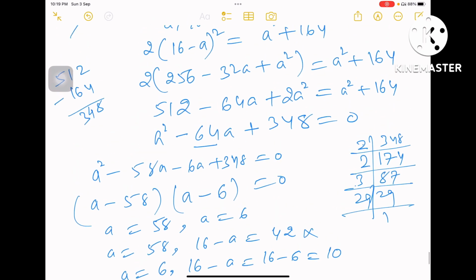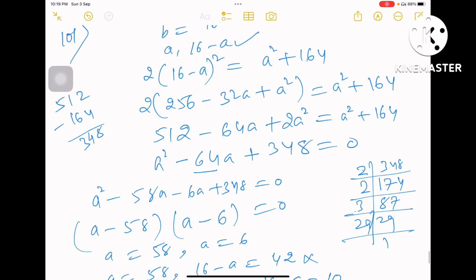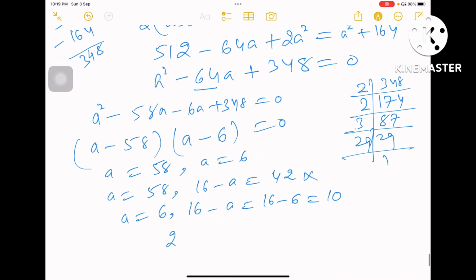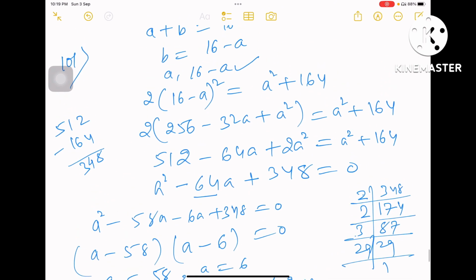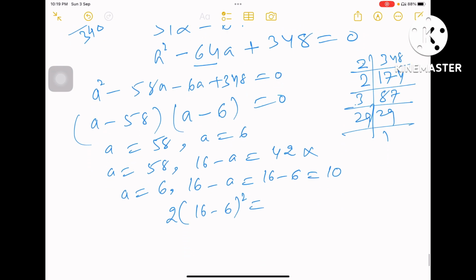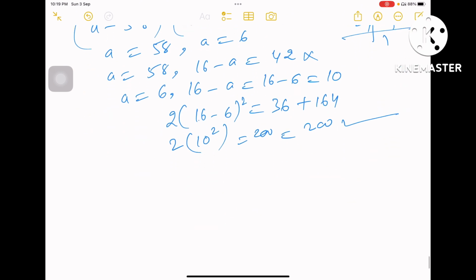Let us see if it holds or not. Twice of (16 minus 6) whole square is equal to a square, that is 36 plus 164. Let's see. 2 into 16 minus 6, that is 10. 10 square, it becomes 200, and this is also becoming 200. So this is correct.